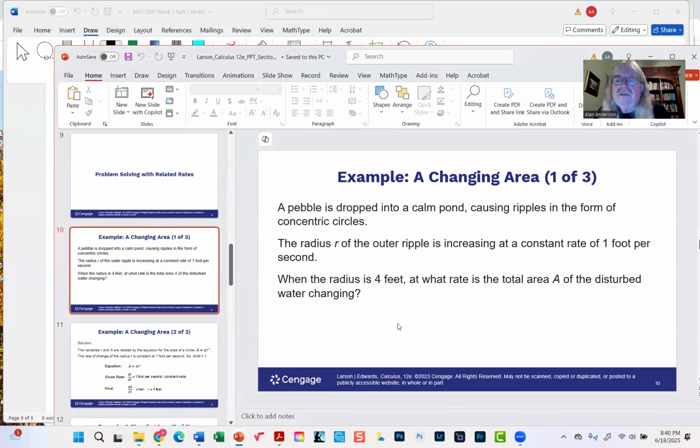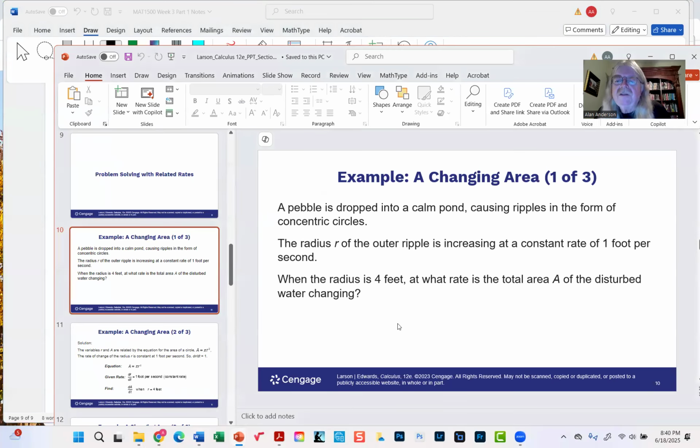And in addition, when the radius is 4 feet, how fast is the total area of the disturbed water changing? So the area is A equals pi r squared because it's a circle. dr dt is, of course, 1.